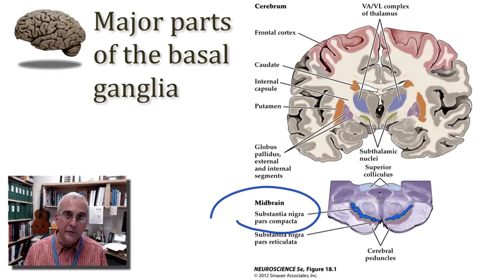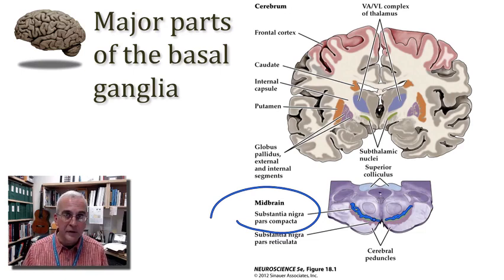The dark substance is there as a result of the biosynthesis of the neurotransmitter that's released by these cells. That transmitter is dopamine. And over a lifetime of making dopamine, these cells accumulate a dark pigment, which gives the dark substance its name.